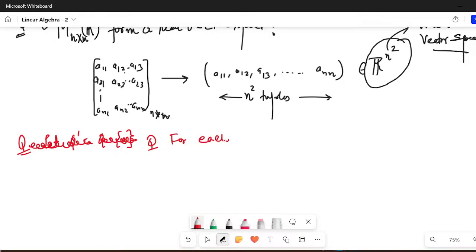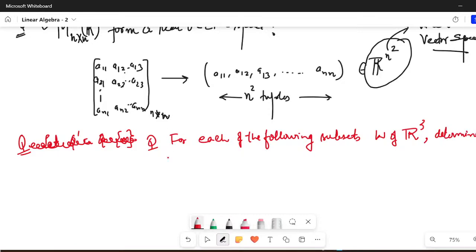For each of the following subsets W of R cube, determine whether it is a subspace of R cube.